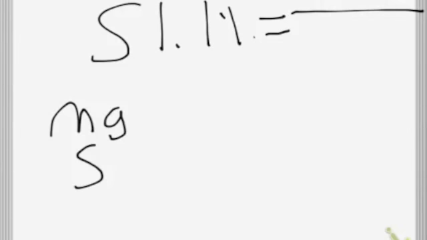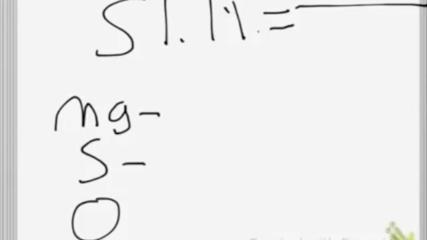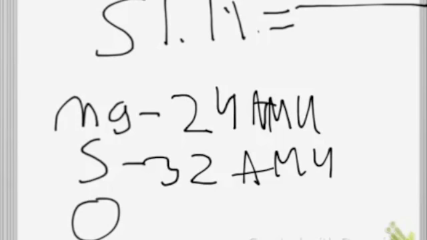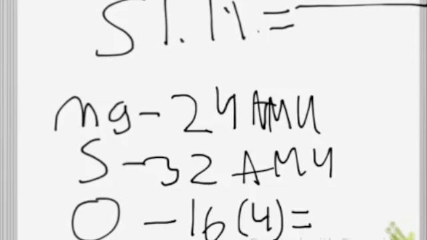So we define the AMUs of magnesium, sulfur, and oxygen. The mass of magnesium is 24 AMUs, the mass of sulfur is 32 AMUs, and oxygen is 16 times 4, since we have 4 of them, which is 64 AMUs.